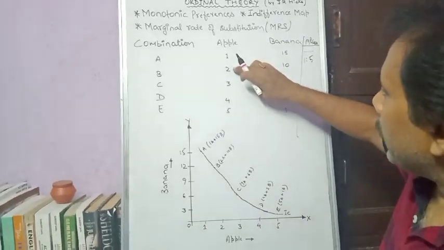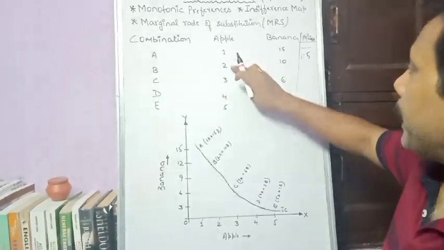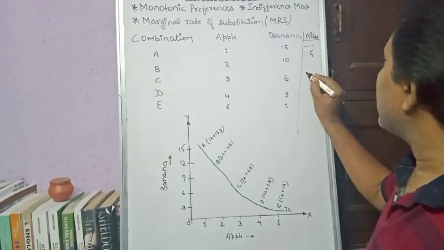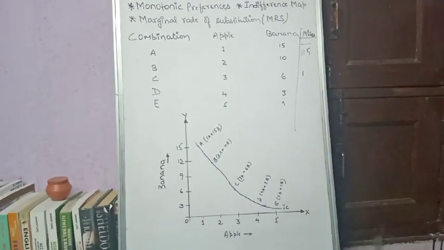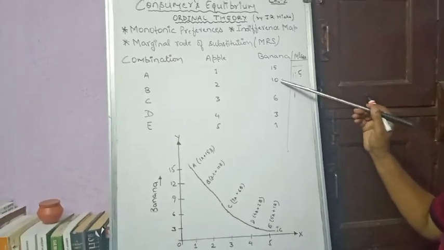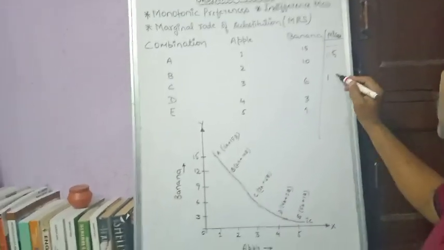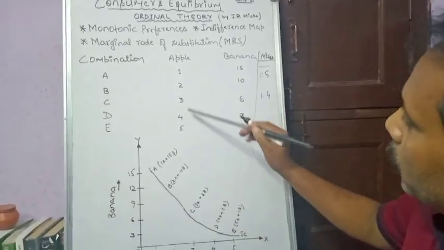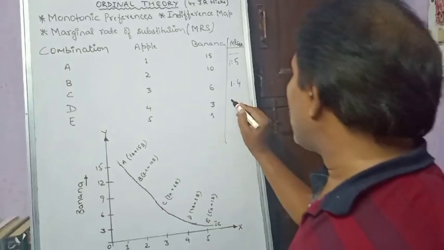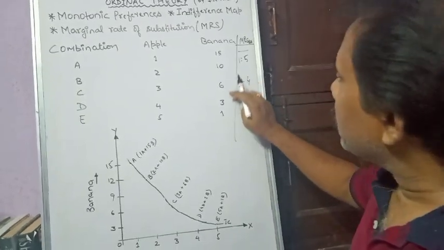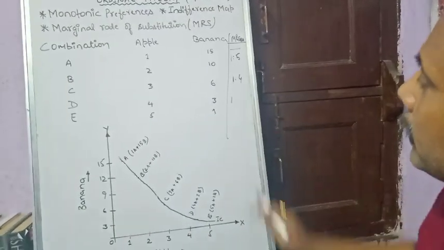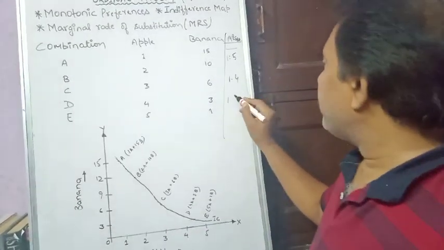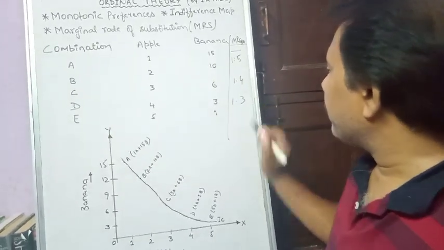Then look here, 2 to 3. How many apples are gained? Again, 1 apple is gained, and the sacrifice of bananas is 10 to 6, that is 1:4. Now next, 3 to 4, 1 apple. Here how much is the consumer sacrificing? 6 to 3, which means 1:3.